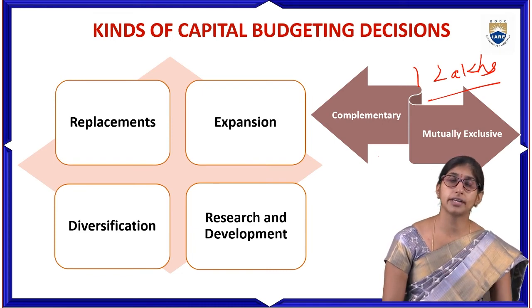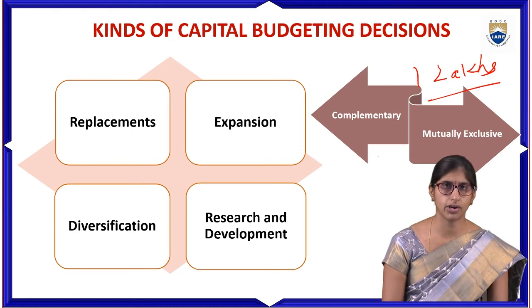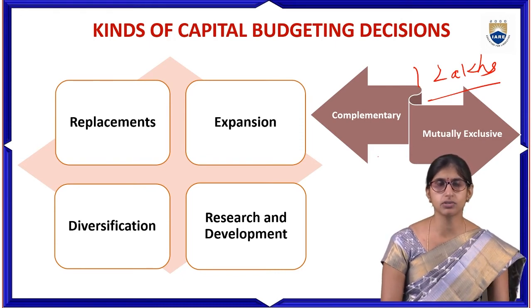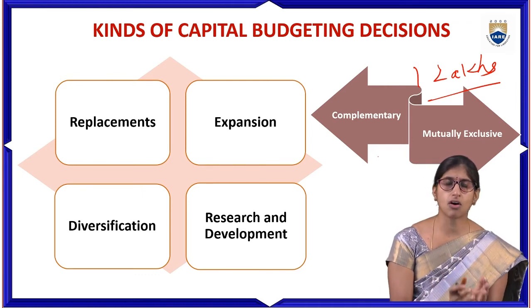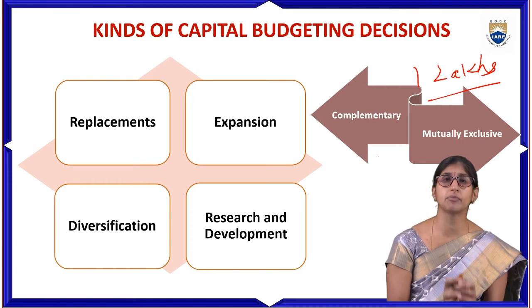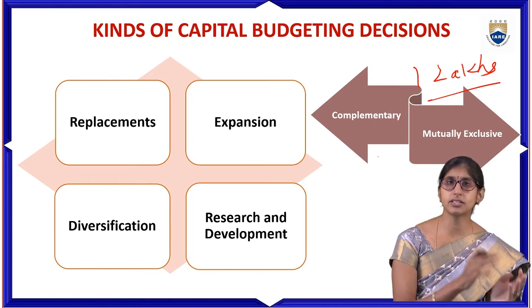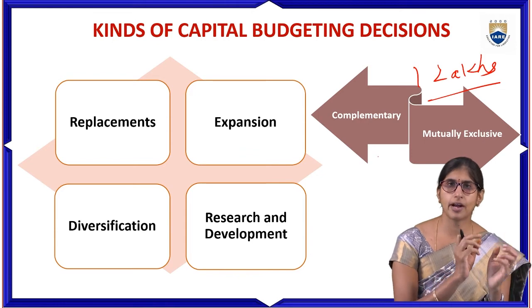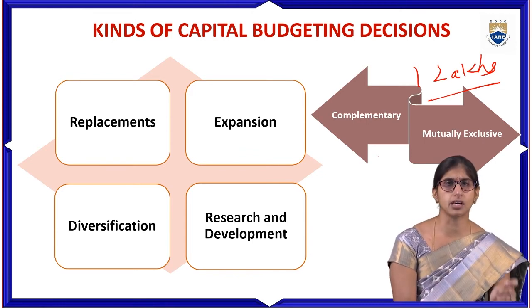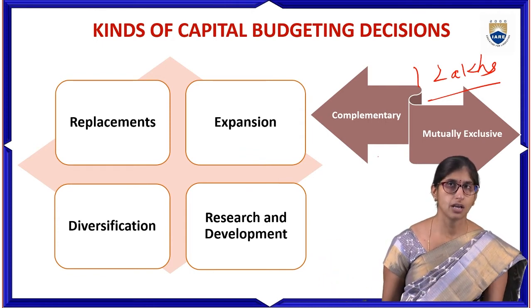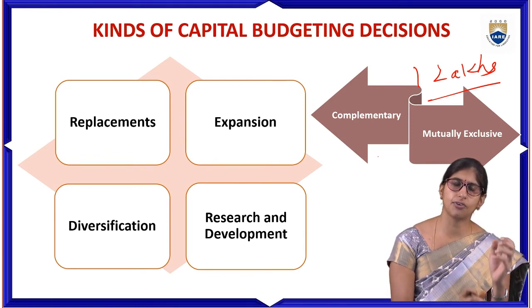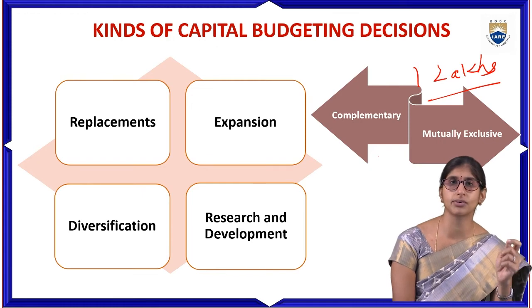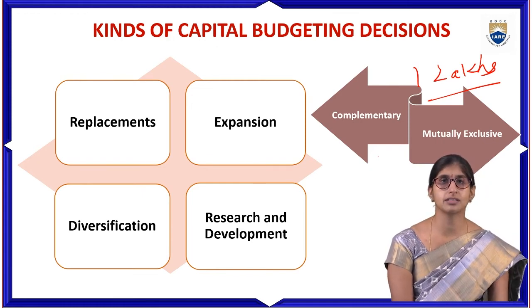These are the different alternatives I have in my mind, and all of them are mutually exclusive. If I choose to invest in land, it does not affect the rest of the alternatives. Whereas in complementary, if I have taken a decision to construct a building, definitely I am going to construct a canteen.